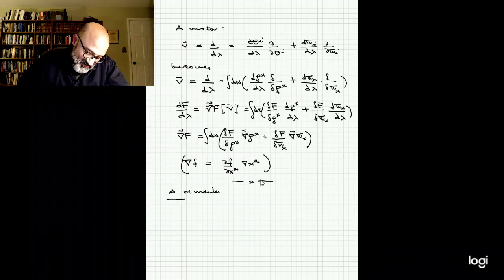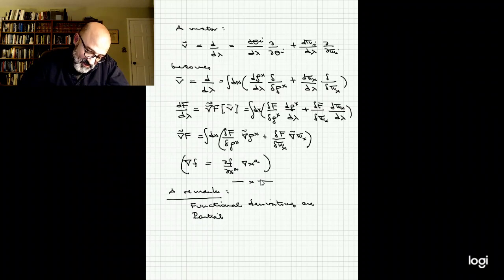What is the clever way to think about functional derivatives? Here it goes. Functional derivatives are partial derivatives on steroids.